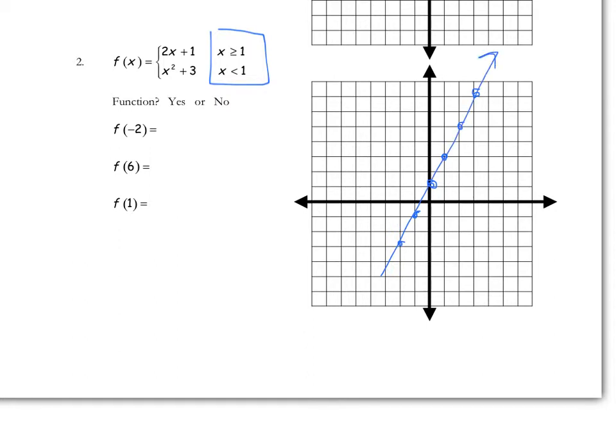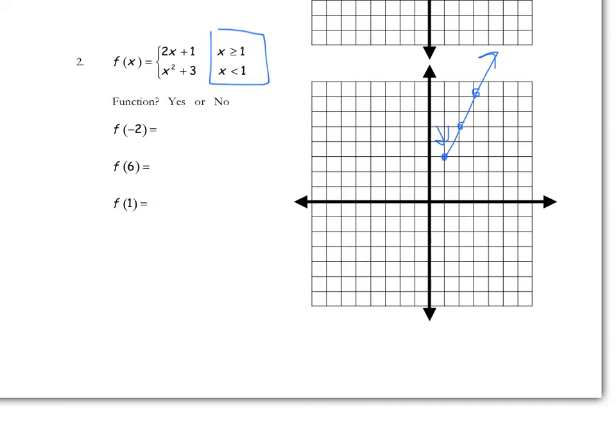Connect my dots. Then I notice that x has to be greater than or equal to 1. So I don't want that part of the graph. Since it is an equal to sign, this point will stay closed.